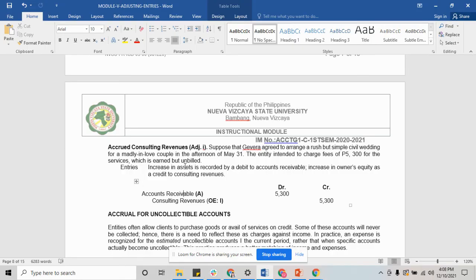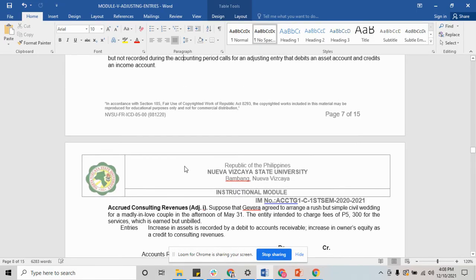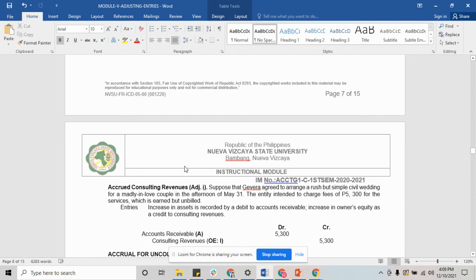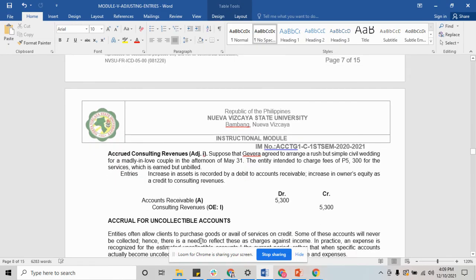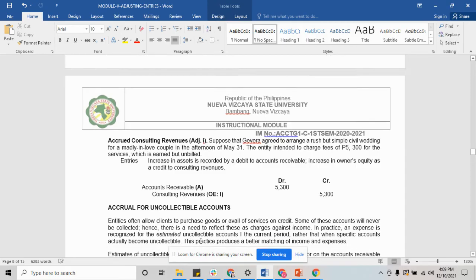Hindi ka pa nababayaran ng client, pero na-earn mo na yung revenue kasi na-render mo na rin yung services. So the entry will be debit accounts receivable of 5,300. This is an asset account and credit consulting services amounting to 5,300 pesos.